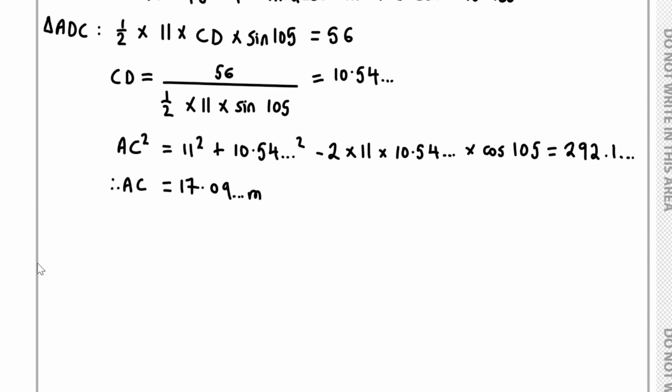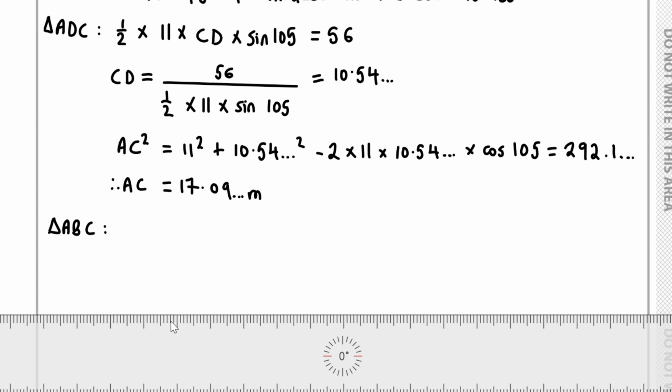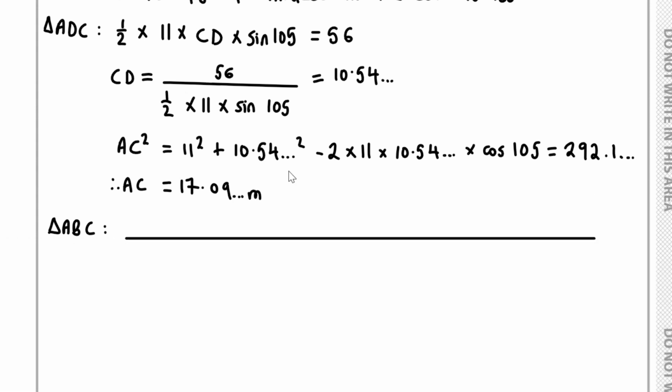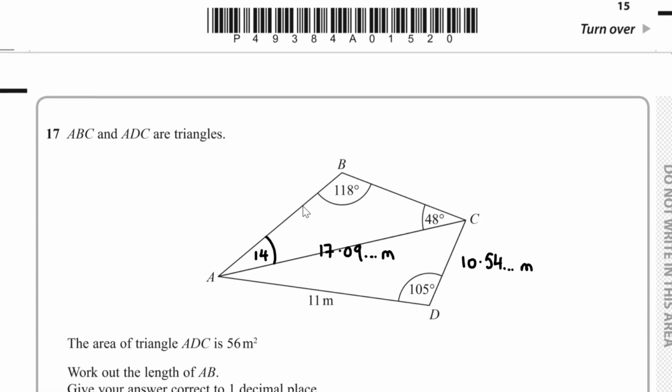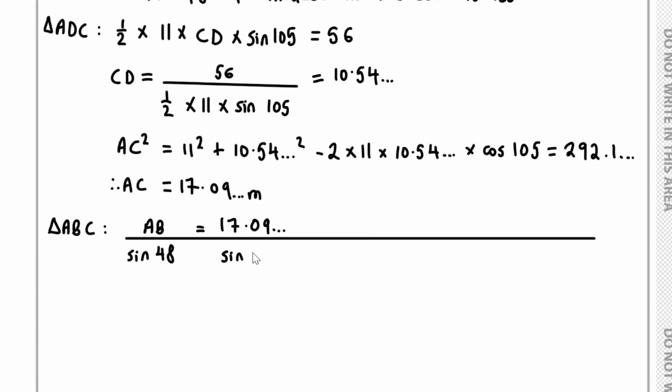So if we consider the triangle ABC, we've got AB over the sine of 48, which is equal to 17.09, etc. over the sine of, if I go back to the diagram, rather 118.